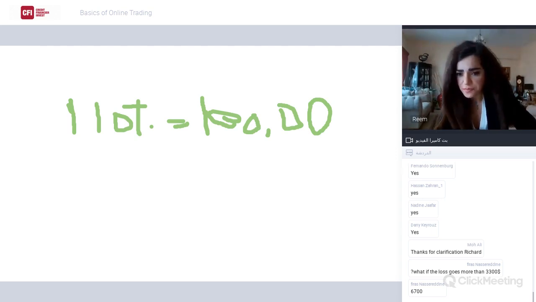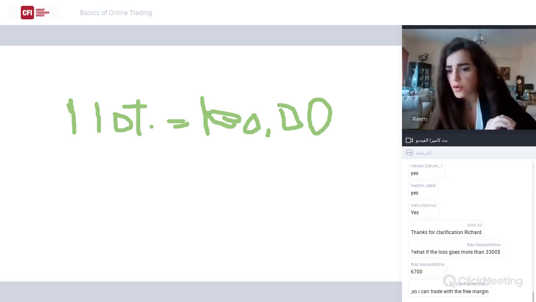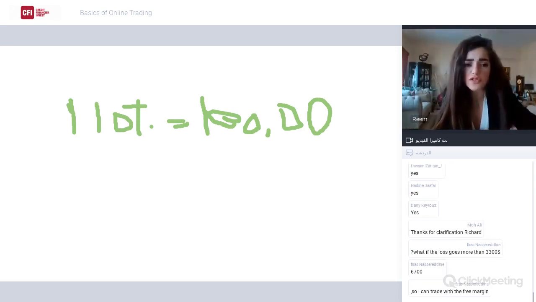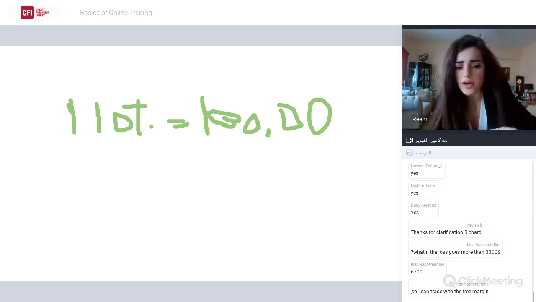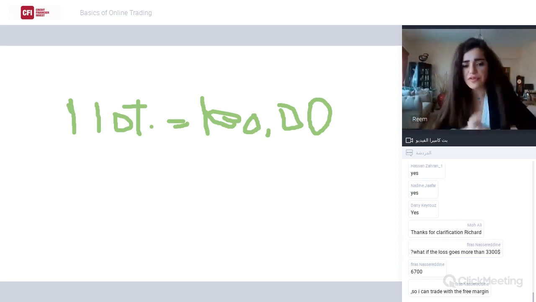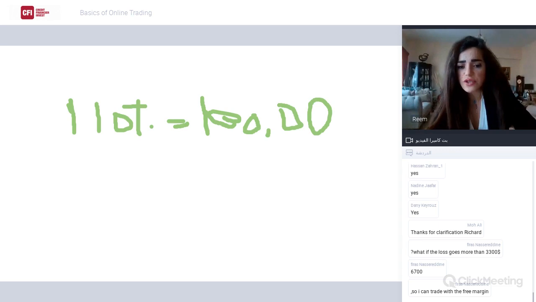If for one reason you lost all your 6,700, because you have a lot of lots open and the movement was so high, and I'll tell you exactly how to calculate the point and what the movement was, but let's say you lost all your 6,700. The margin is still in your account.